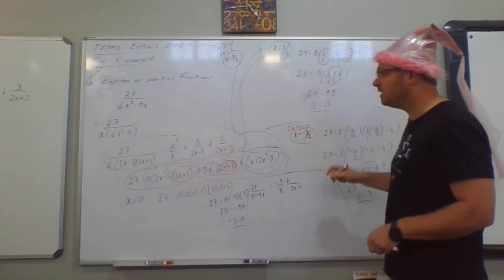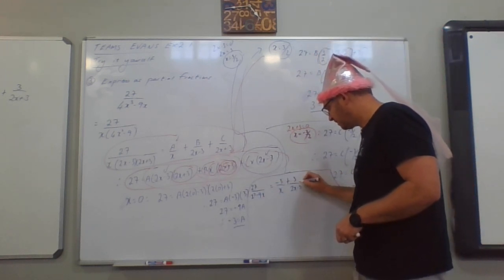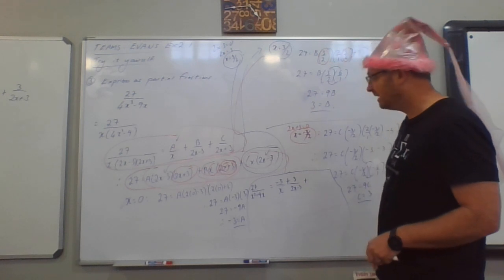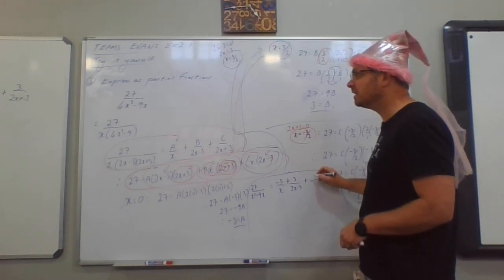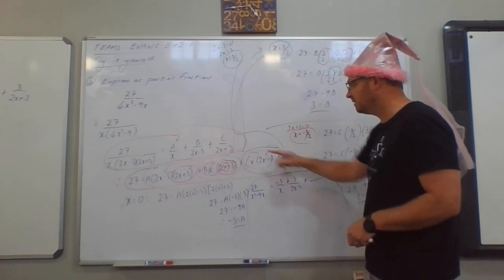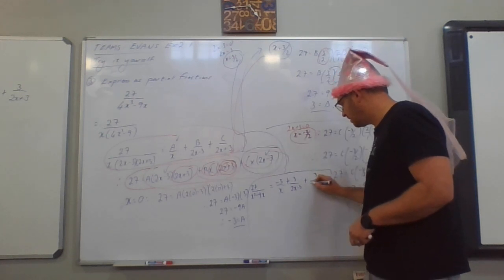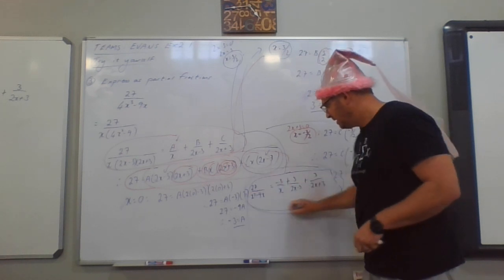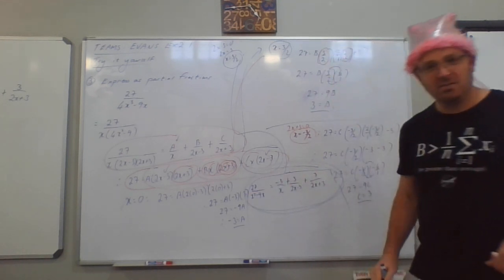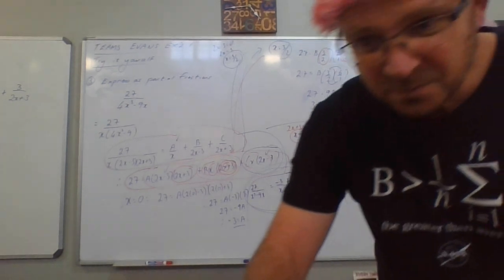B is equal to 3, so 3 over 2x minus 3, plus, and then we're going to need C over 2x plus 3, which will be 3 over 2x plus 3, and there is your final answer for that one.